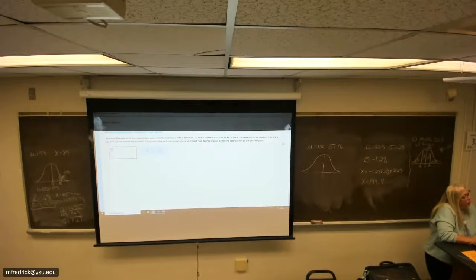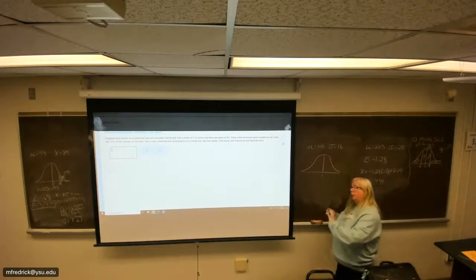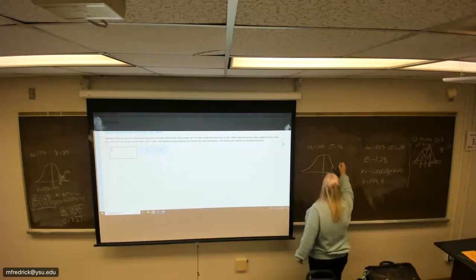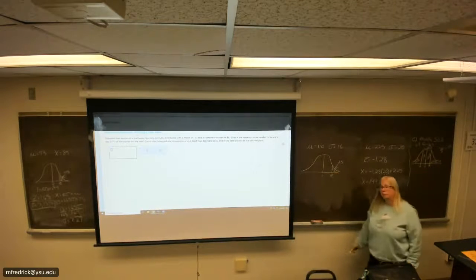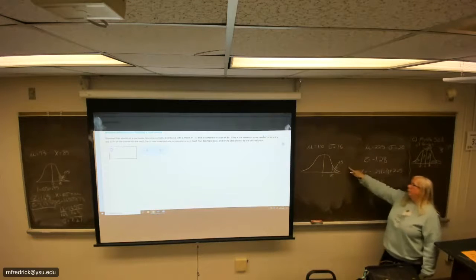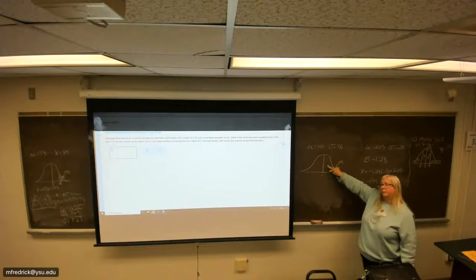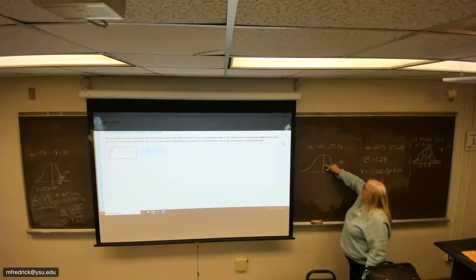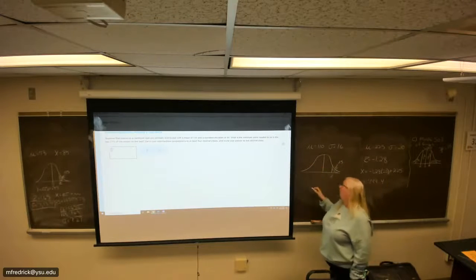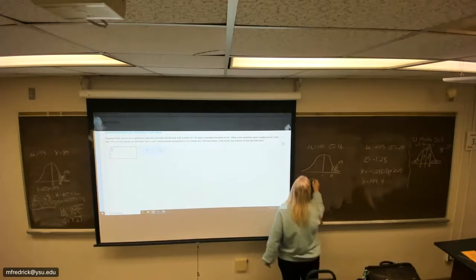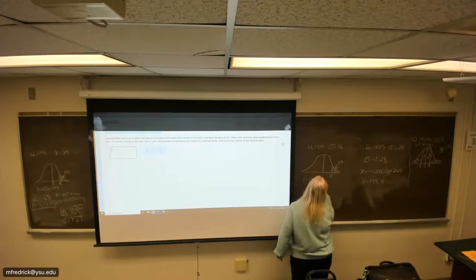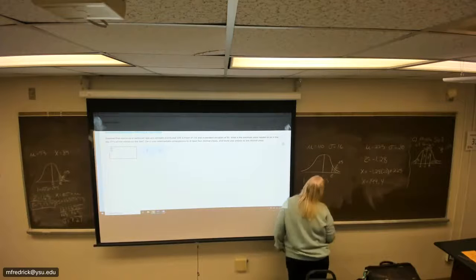What is the minimum score needed to be in the top 15%? Top 15 means there's 15% above you, so that would have to be here. Then would we use this value when we're looking it up? Because we want the percent below. Always need the percent below. So 1 minus 0.15 is 0.85.